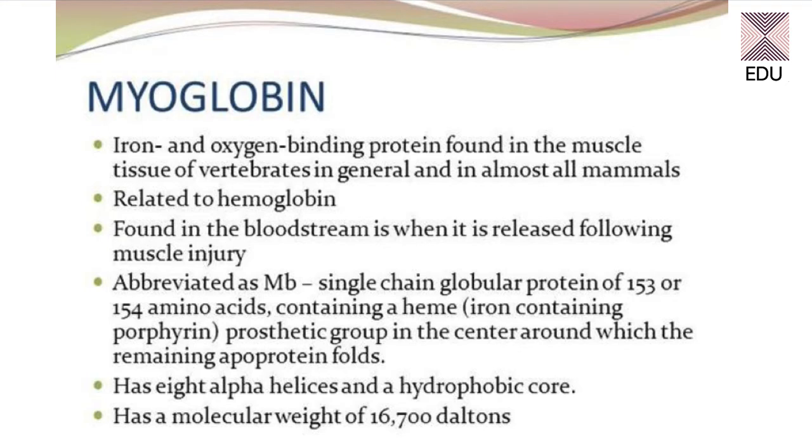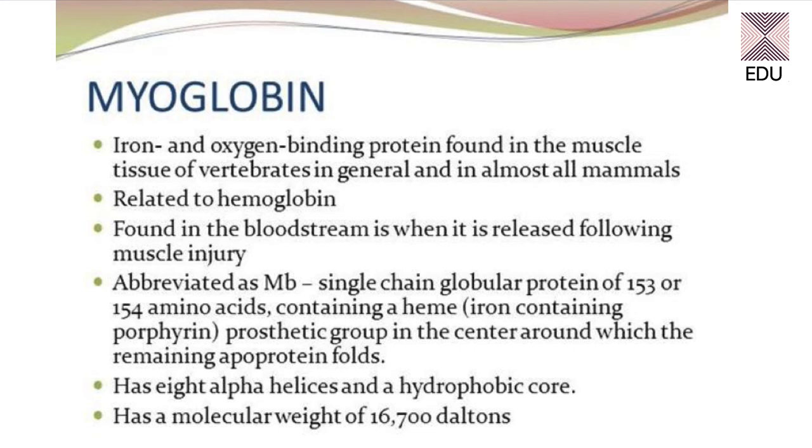Now students, we come to the second pigment after hemoglobin. This is myoglobin. It is a very similar kind of pigment which is present in the muscles of animals. Some features of myoglobin: it is an iron and oxygen binding protein found in the muscle. It again has iron as a moiety.